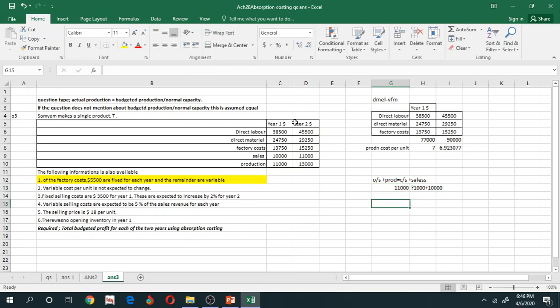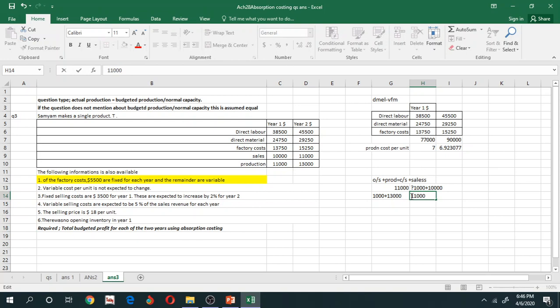Now for year 2, what do you need to find? For year 2, the closing stock becomes opening stock, so you're going to put 1,000 here plus production. You have 13,000 production for year 2. That equals your sales. You have 11,000 sales.